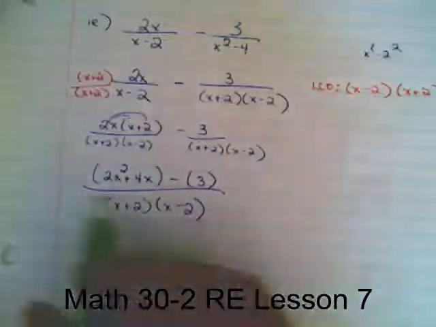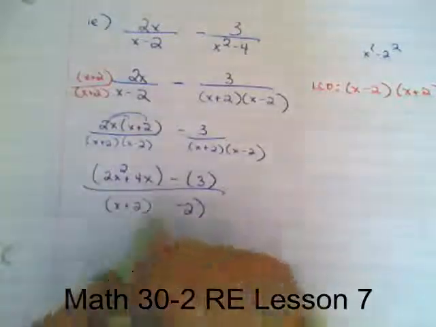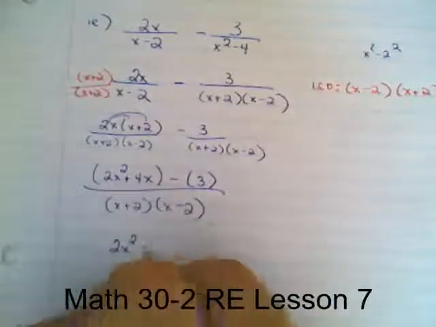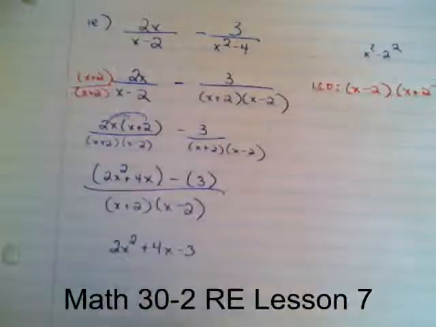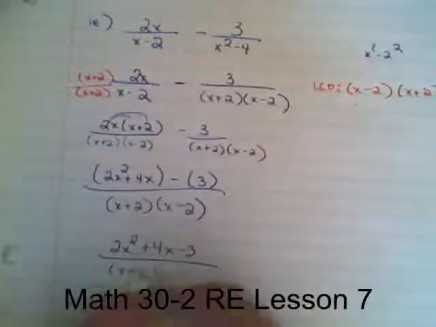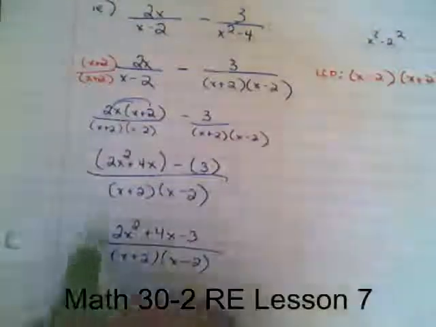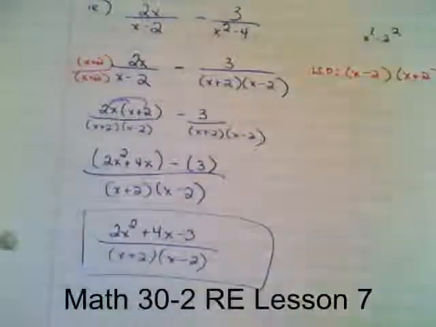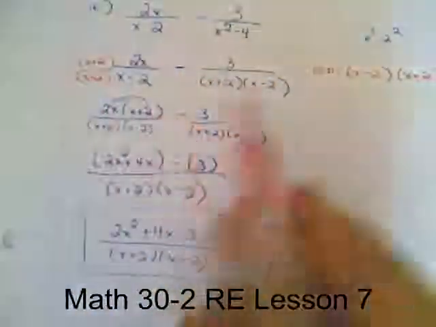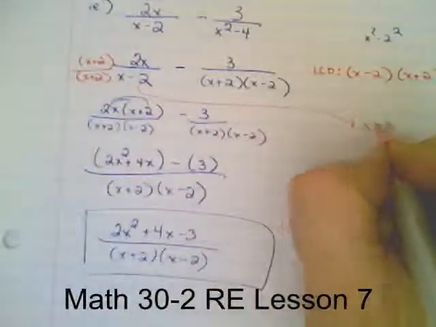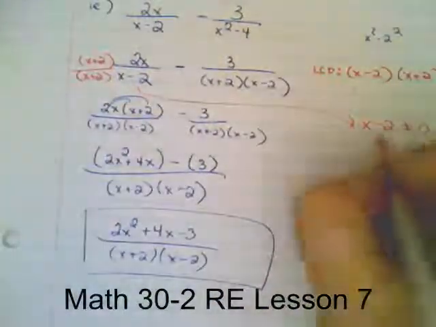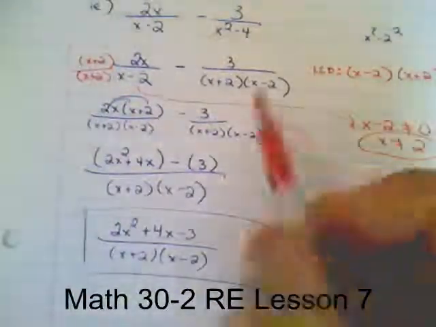Once again, you always remember to cancel. Now this is the first one where it's actually had something to do. 36 is 6 times 6 over 6 times x plus 2. These 6's cancel. It leaves me with 6 over x plus 2. And that's the final answer for this.